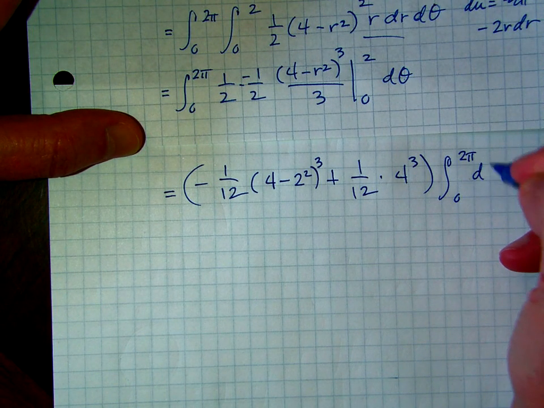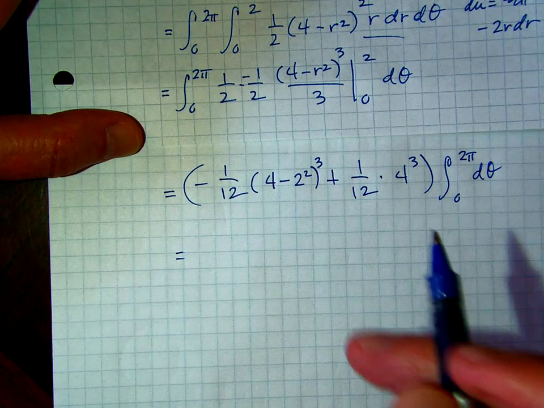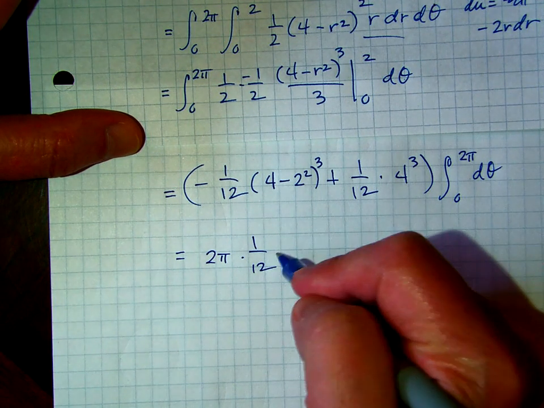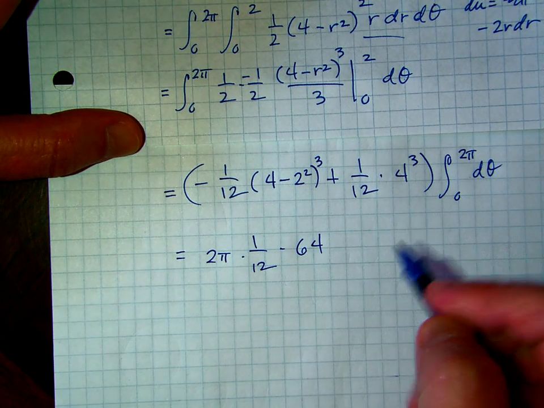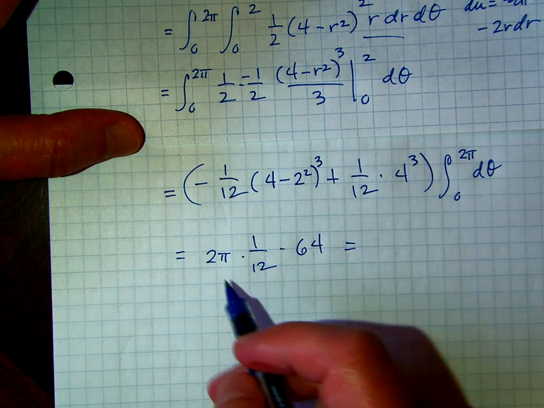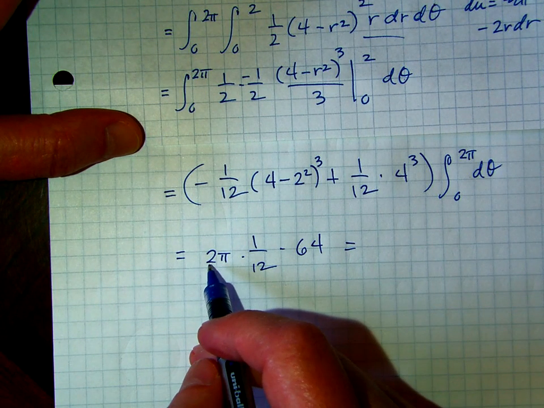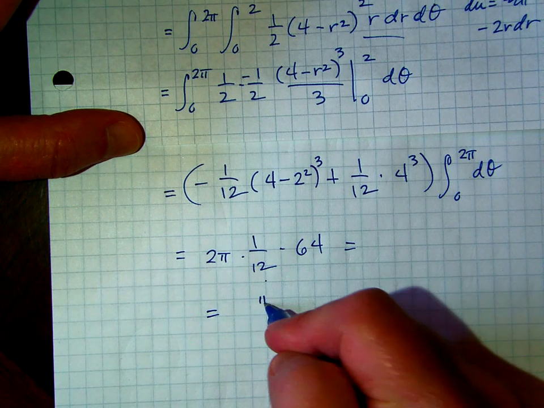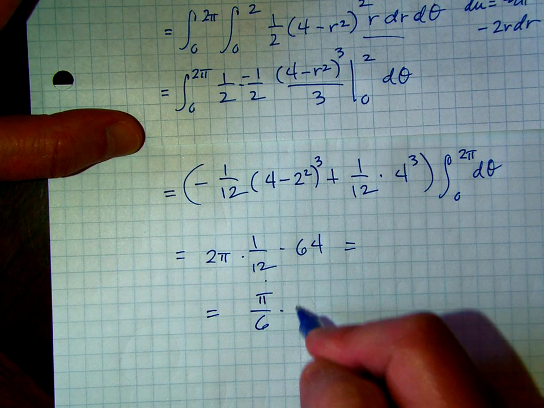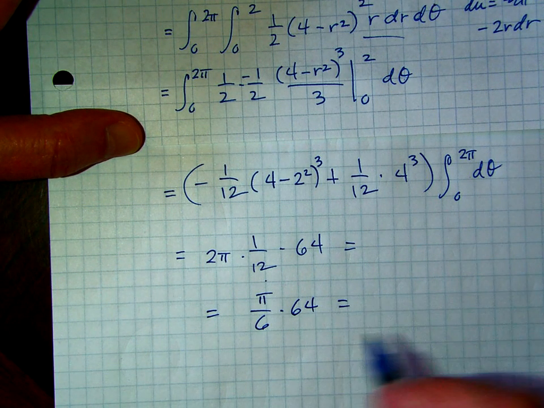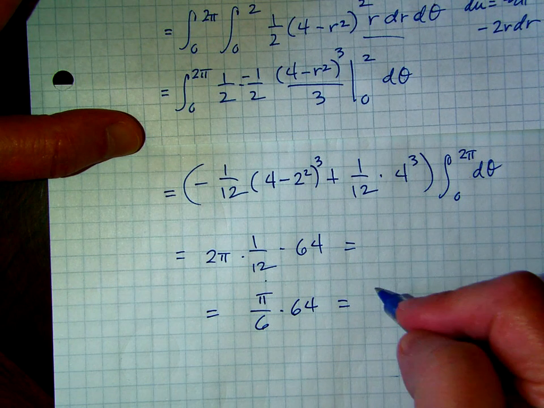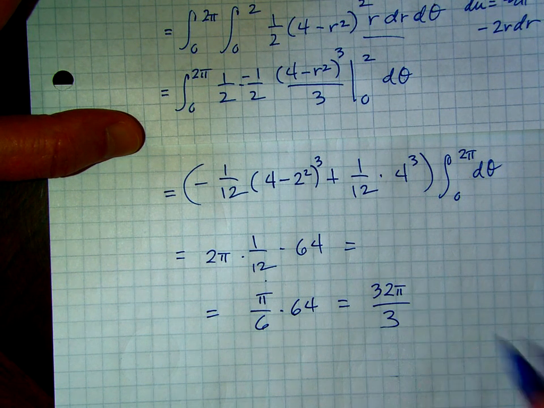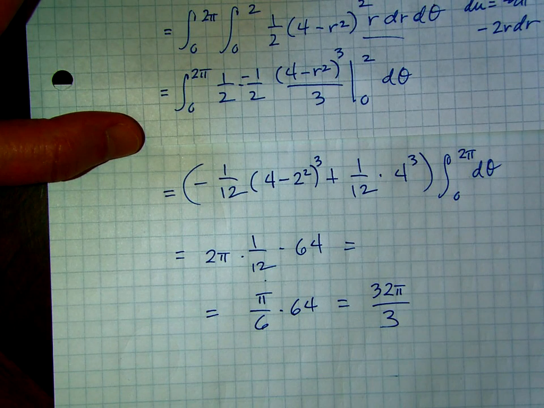That's just going to get me a 2 pi. So I get 2 pi times 1/12 times 64. Okay? So let's see. 2 cancels with this guy, so I've got pi over 6 times 64. I can cancel a 2 out of this, so I have 32 pi over 3. And that will be my answer.